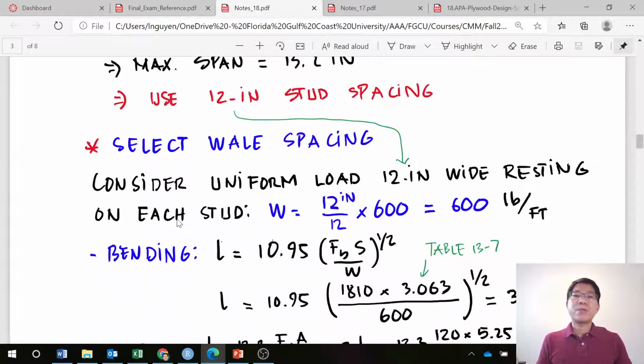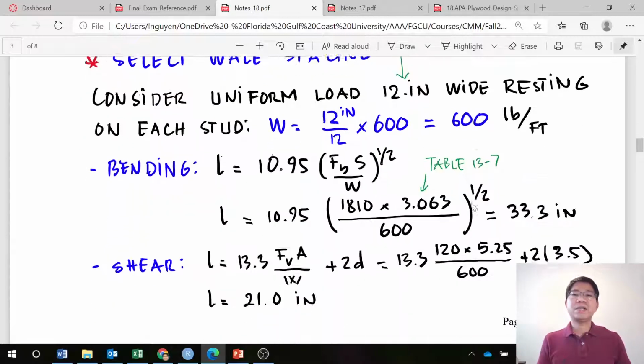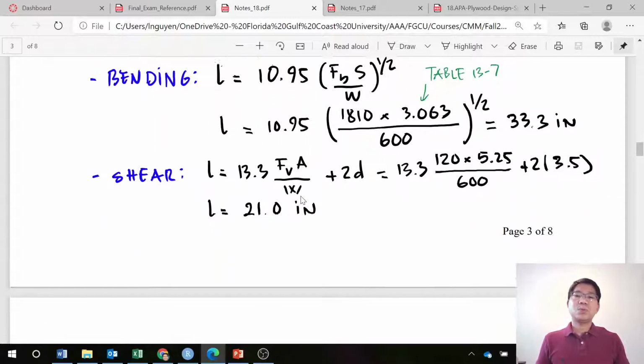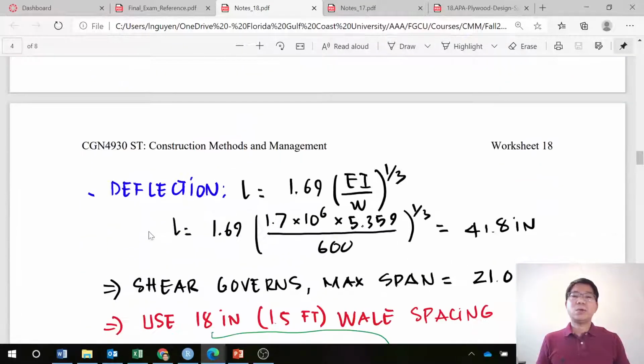Continue with selecting the wale spacings, and because that is 12 inch, we can determine the uniform load on the stud based on your selected spacing for stud. And the same, use the same table 13.5. You can determine the maximum span for the wales with bending, with shear, and with deflection.